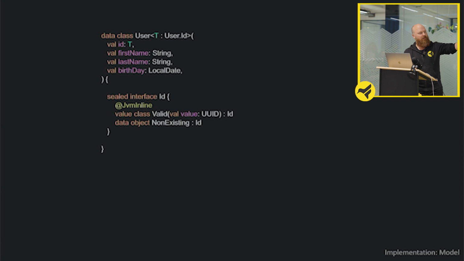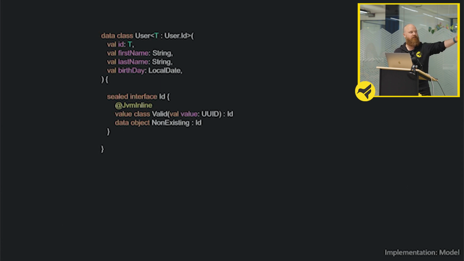So maybe we can model it like this. With a sealed interface, for instance, ID. And then there are two options. So this is a sealed hierarchy. It can either be valid or non-existing. And the idea is when it comes in, there is a non-existing ID. But when you produce it, you always have a valid ID.